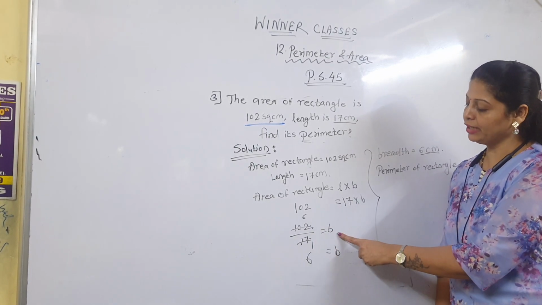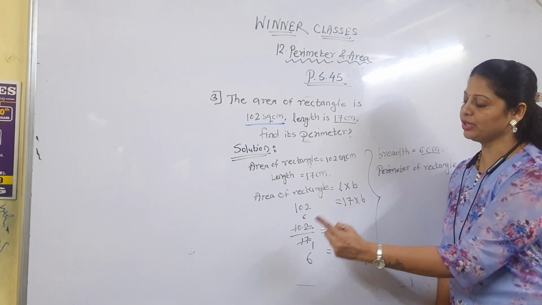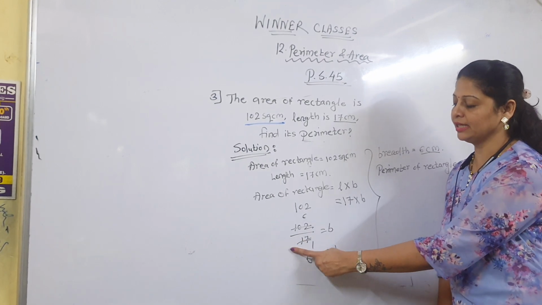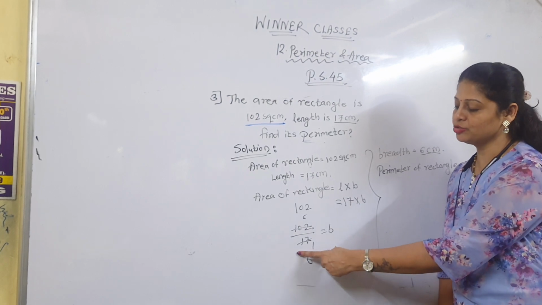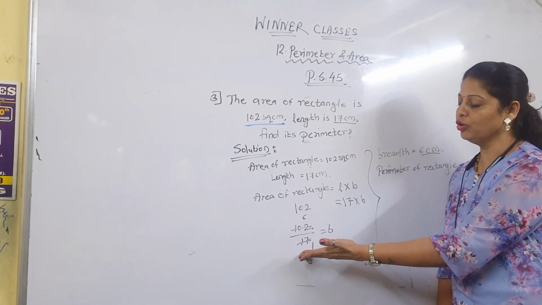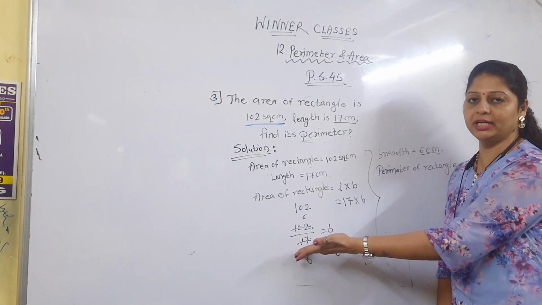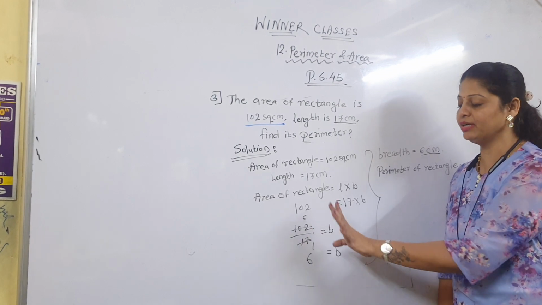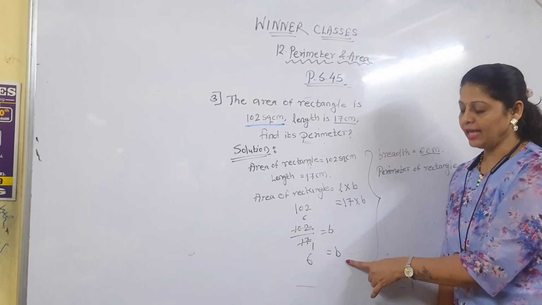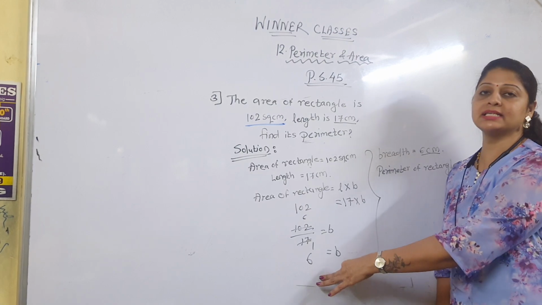That 17 we have to transfer from this side to this side. Here it is in multiplication, so when we transfer, it becomes division. So we write that 17 in the denominator. Afterwards we divide 102 by 17. So we get the answer, breadth 6 centimeter.